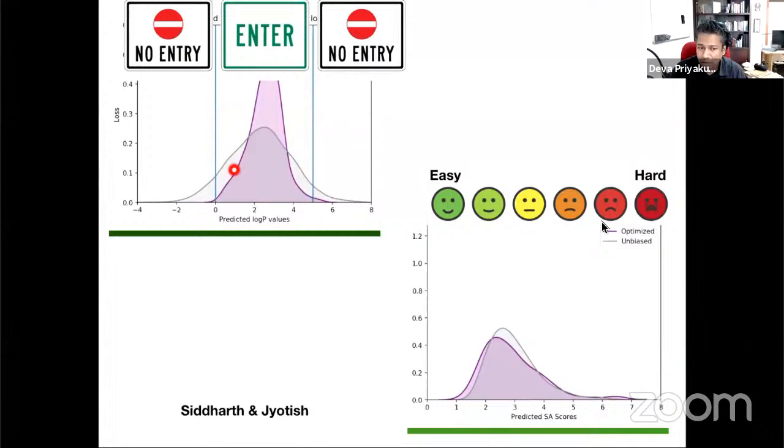That means almost all of them can actually enter the cell, so I don't have to deal with molecules which are away from this region. Similarly, in this one, slowly the algorithm starts generating molecules where almost all are fairly easy to synthesize, and I don't have to deal with molecules which are hard to synthesize.